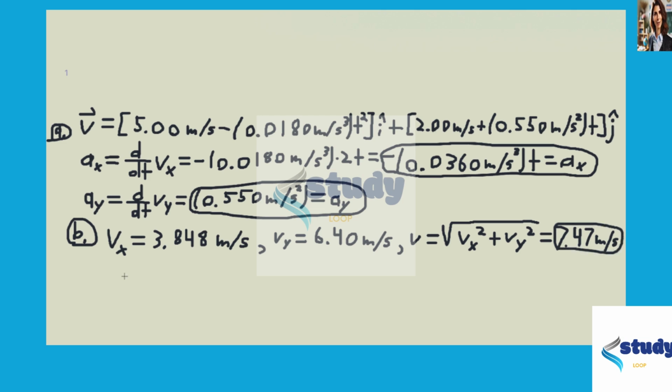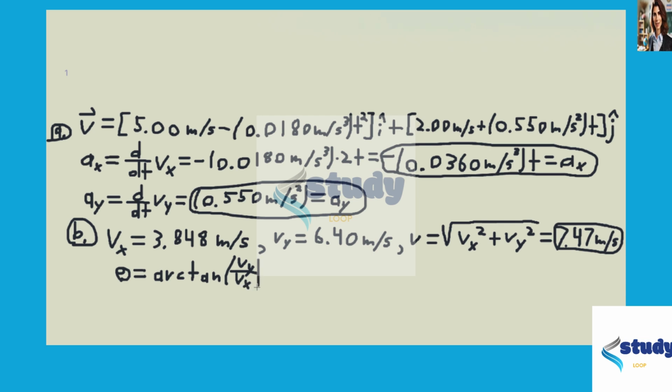Now what about the direction? For the direction, I can use an equation for theta. So theta is going to give me the direction. For theta, I'm going to have arctan of the y component of the vector, and our vector in this case is v, so I'm going to have vy divided by the x component of the vector, so divided by vx.